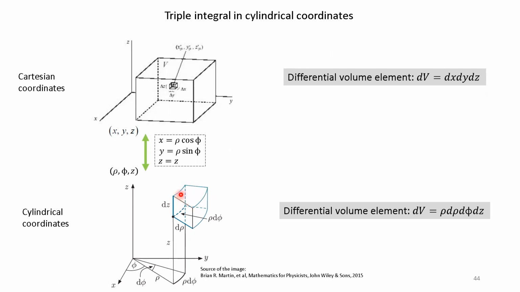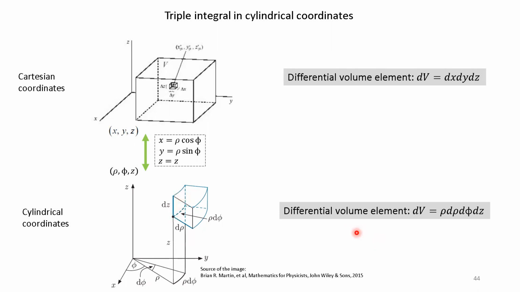Okay. But now we have the third dimension, the z, right? So basically we just need to add a thickness to this. So then we have this dz. So then the volume of this element is given by this area times this thickness or this height, right?